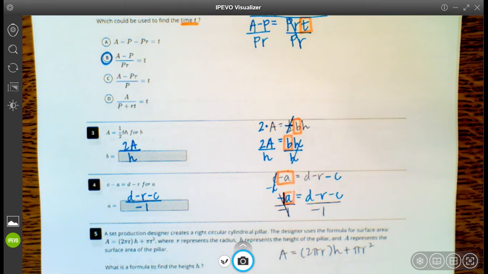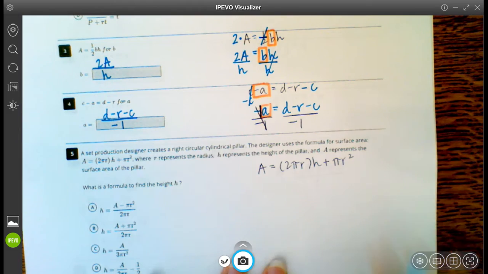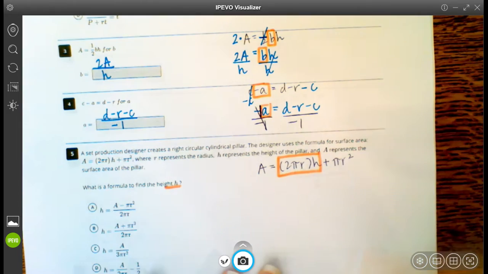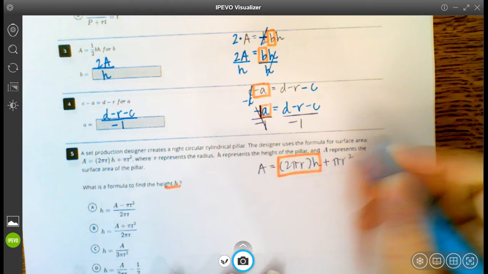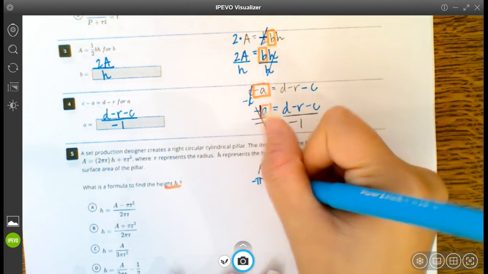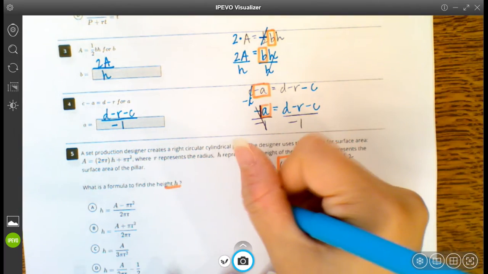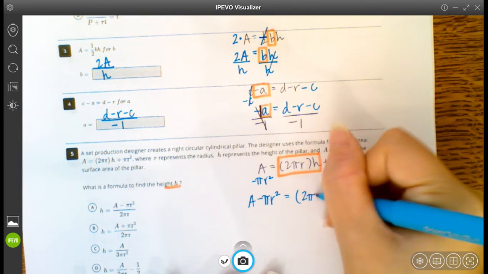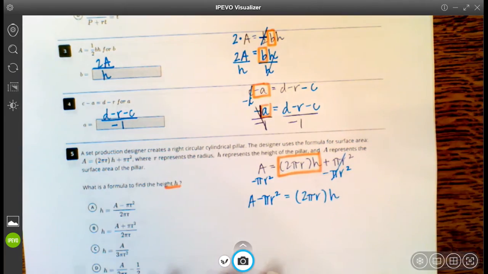So, for our final answer for little a, we should have D minus R minus C all divided by negative 1. All right, let's finish up this first page with number 5. They asked us to solve for H. That's the one I was reading earlier, silly Miss Weldy. But H right now has a parenthesis beside it, which means we're multiplying H by something. First things first, we need to undo adding by pi r squared. So we're going to subtract pi r squared from both sides of our equal sign. When we do that, we've got A minus pi r squared equals 2 pi r times h.